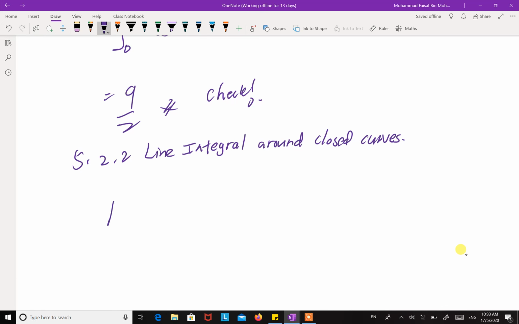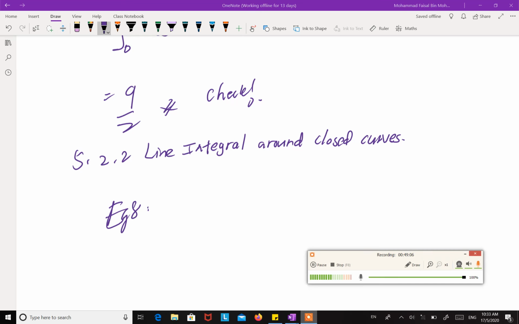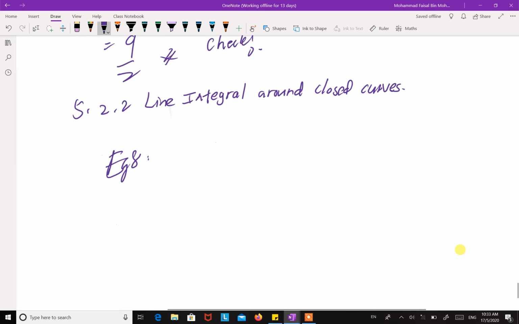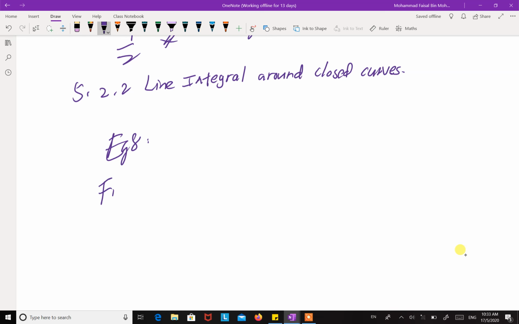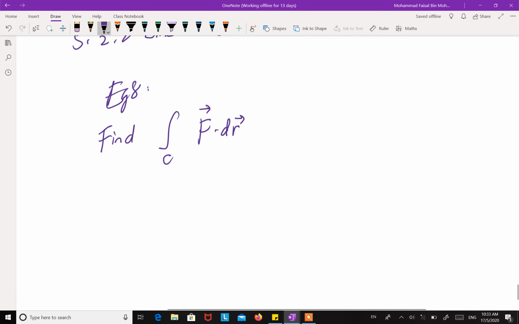So find example 8. Example 8. Find the integral of F dot dr, the total work done.